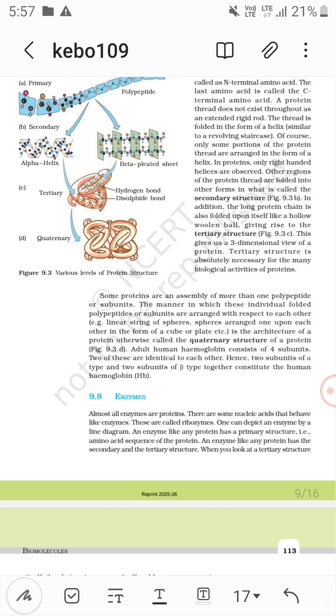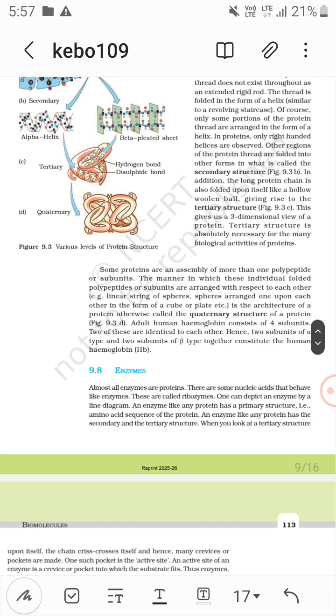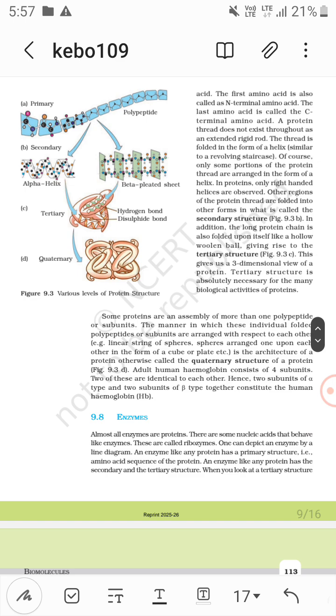Okay, there are four subunits, but two of these are identical to each other. When more than one polypeptide or subunit forms an architecture, that is quaternary structure. In tertiary structure, there is hydrogen bond and disulfide bond, and they form a hollow woolly-like structure. They have the active sites which are required for the biological activities of proteins.